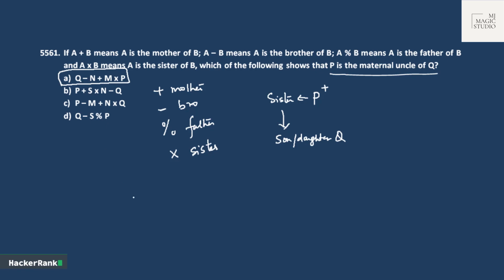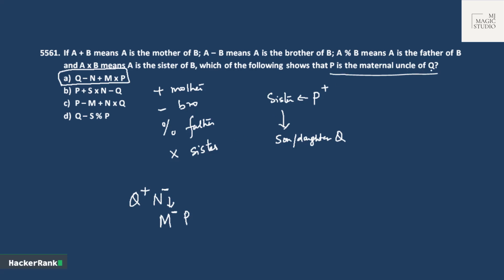Q minus N: Q is brother of N. N plus M: sorry, N is mother of M. M into P: M is sister of P. That means N is mother of P and Q is maternal uncle of P. As simple as that.